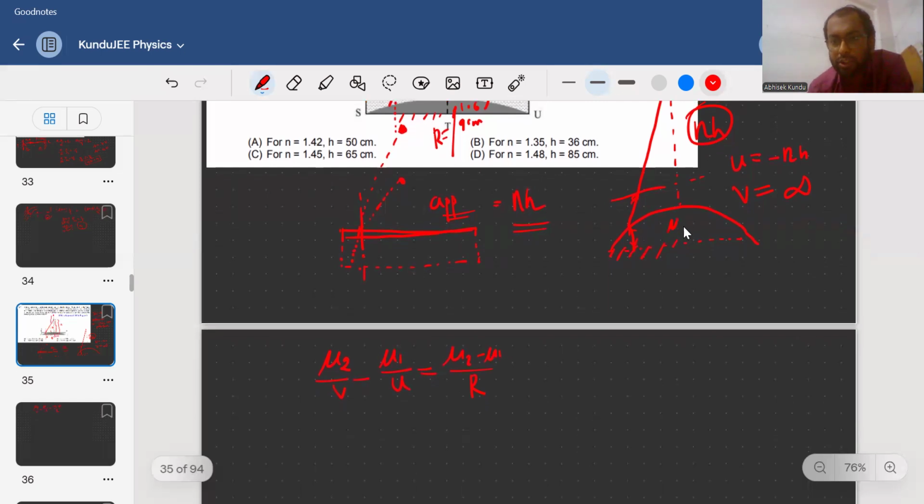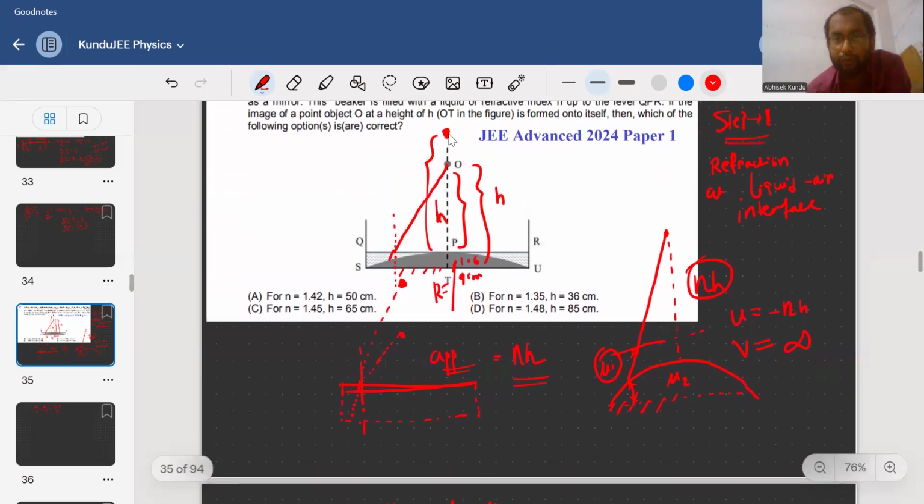Mu2 is this medium, and mu1 is the medium in which the object lies. At what medium? The liquid medium. Right now the object is in the liquid medium only, because after the first refraction the image formed will be the object for the second refraction, in the liquid medium.